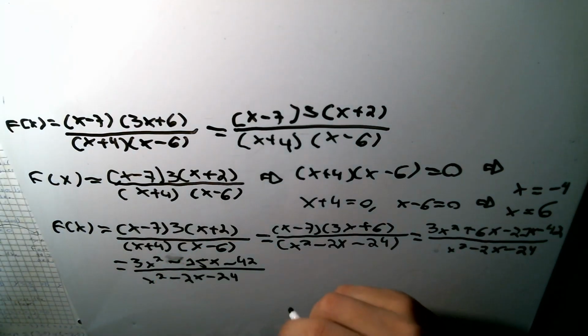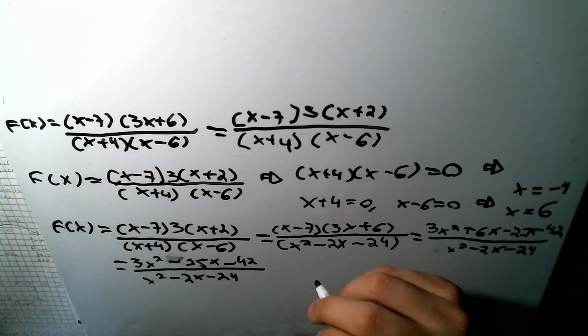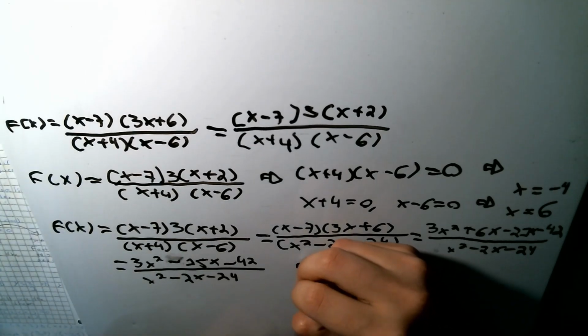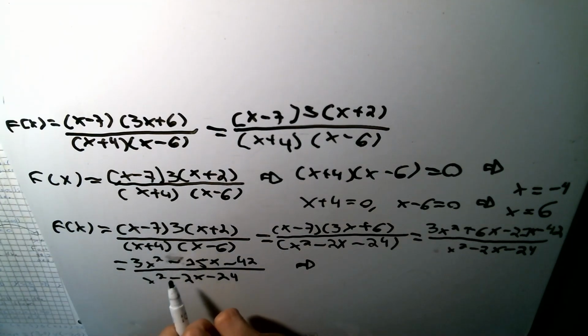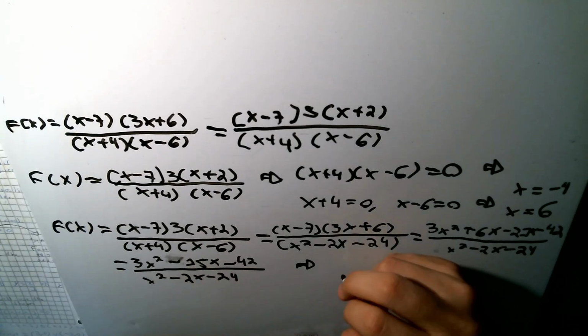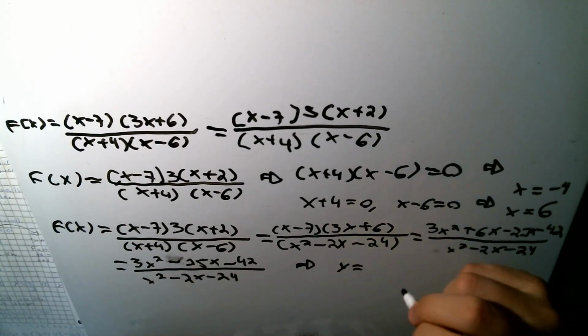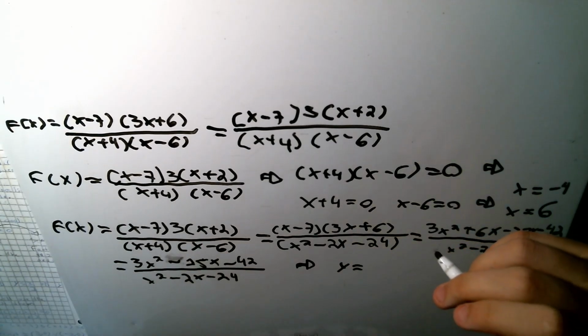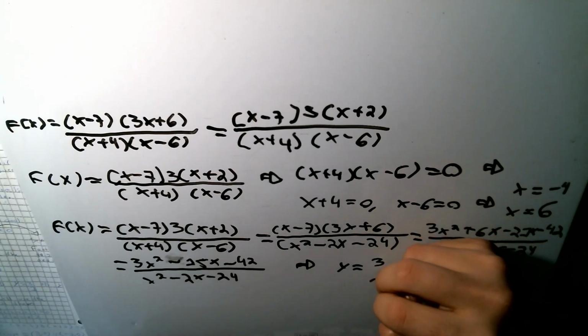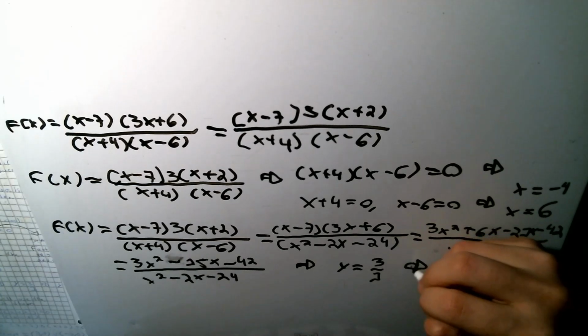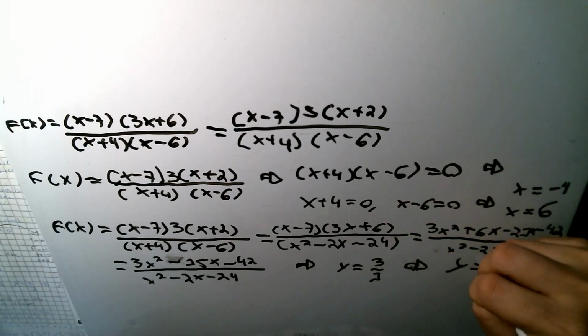Because we are only paying attention to the biggest coefficients, which are 3x squared and x squared, we get that y is equal to 3 over 1, which means y equals 3.